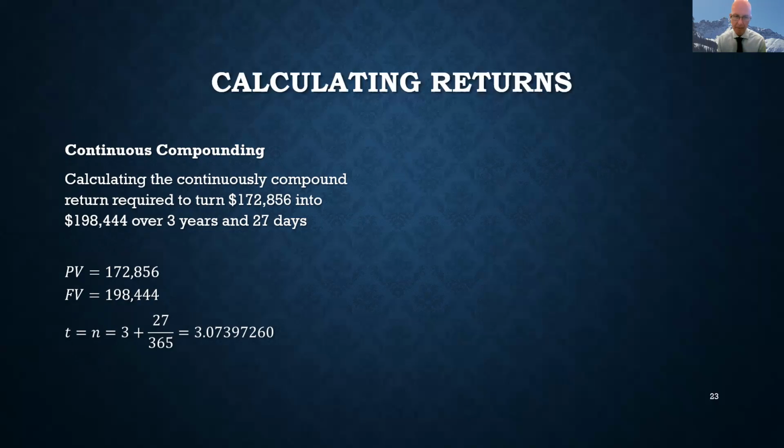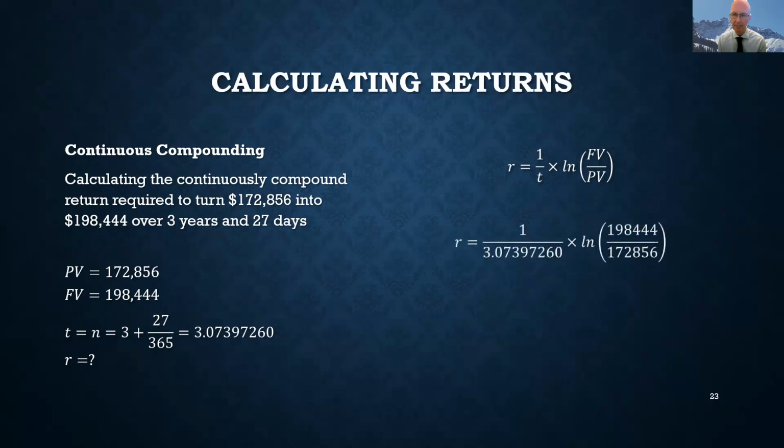My preference when we're working with these sorts of numbers is to work in 8 decimal places. Sometimes 4 is okay, but often I prefer 8. And what is R? We shove it all into our equation. R equals 1 on T times ln of FV over PV. Substituting the variables, we get R equals 4.49%.